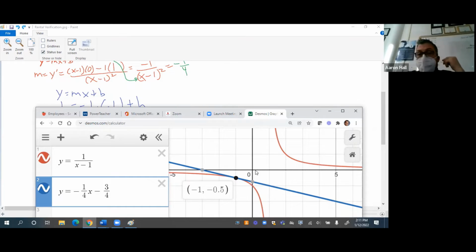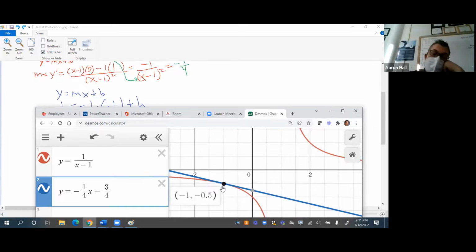Now, that only works for values that are close to this point of tangency.